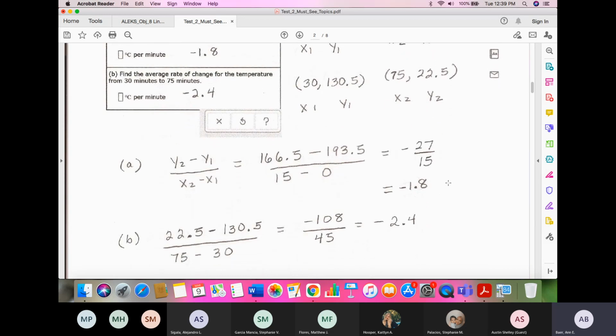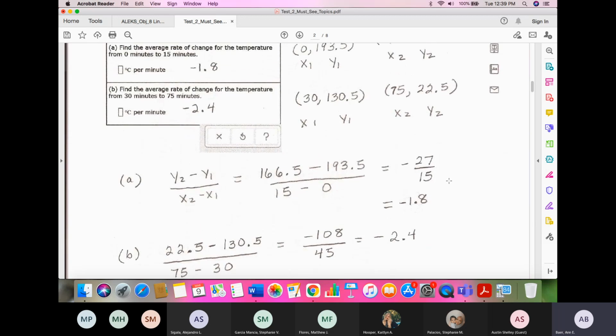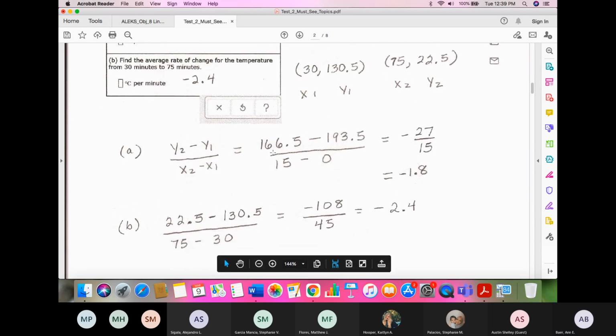And then we want to put those through the slope formula, find our slope just like we did before. So slope is y2 minus y1.